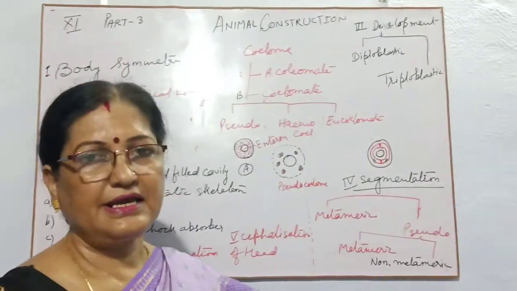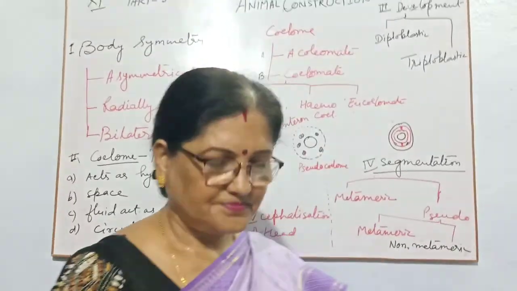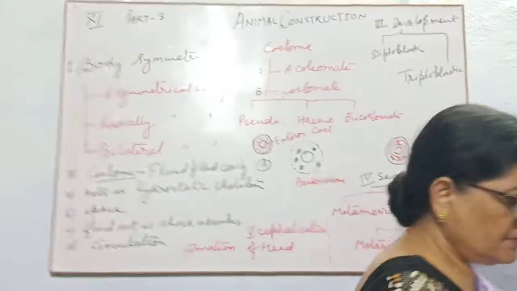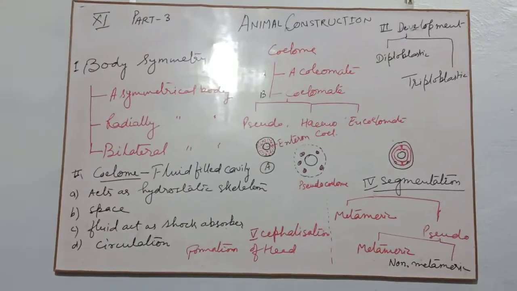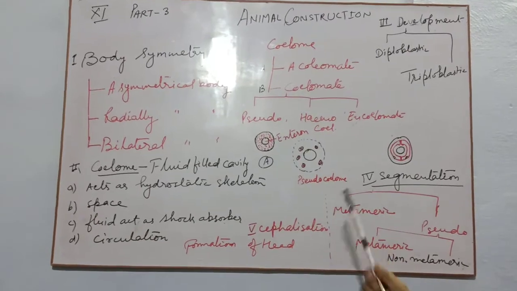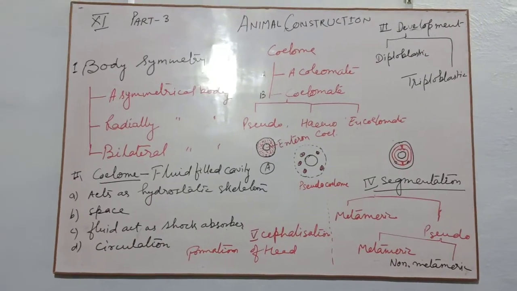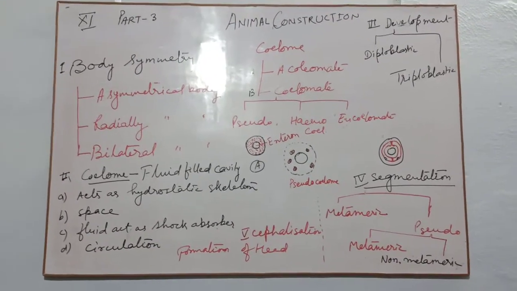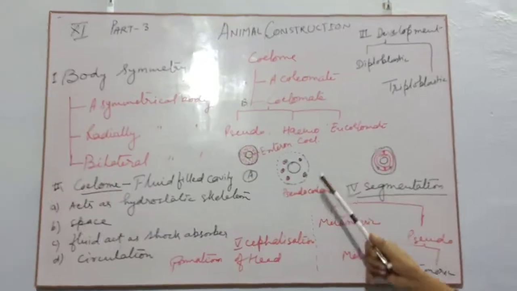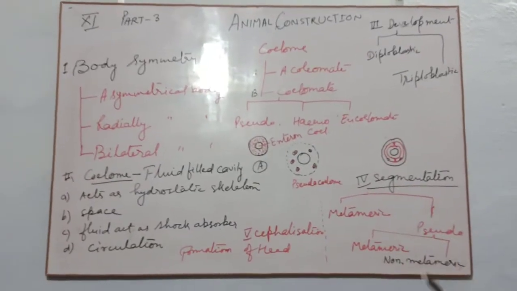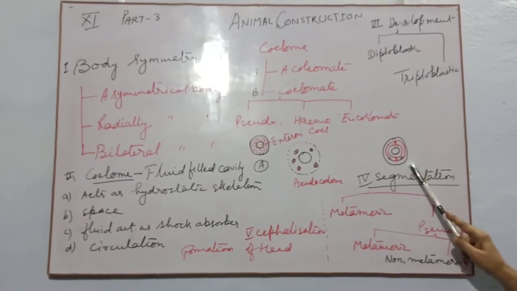Then hemocoelom. As the name indicates, hemocoelom means when the body has 50% or half of it as coelom cavity, and half of it does not have, that means not pure coelom. So this is known as hemocoelom. And eucoelomate. This is the figure for eucoelomate.